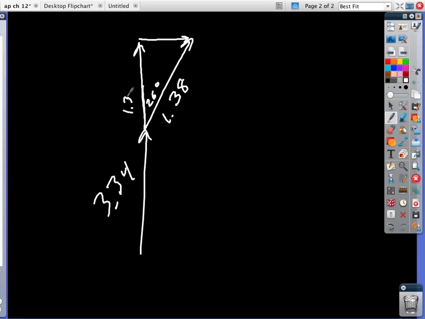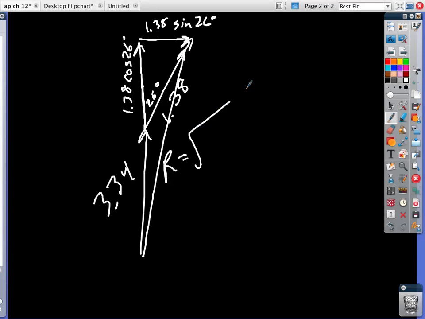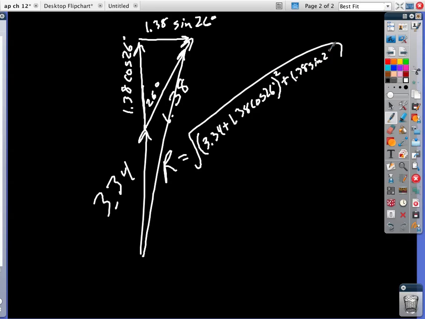But this is 1.38 times cosine of 26. 1.38 times sine of 26. And then r is equal to the square root of 3.34 plus 1.38 cosine 26, squared, plus 1.38 sine 26 squared.